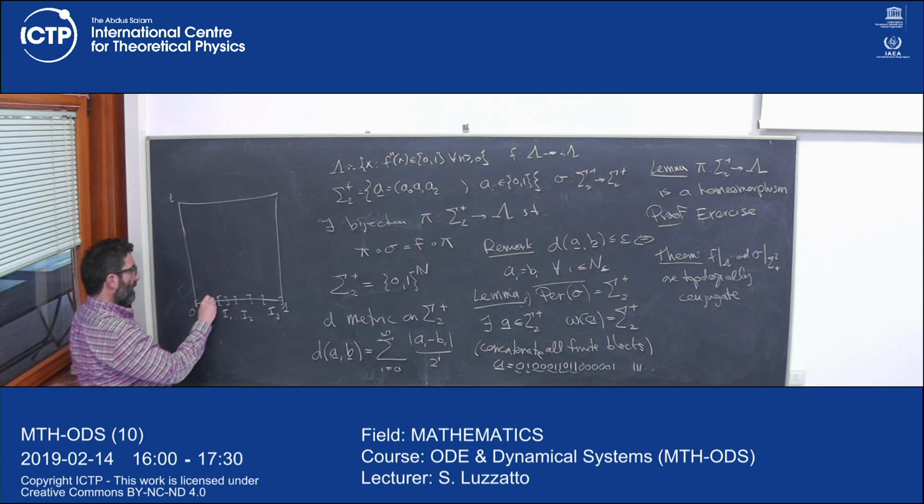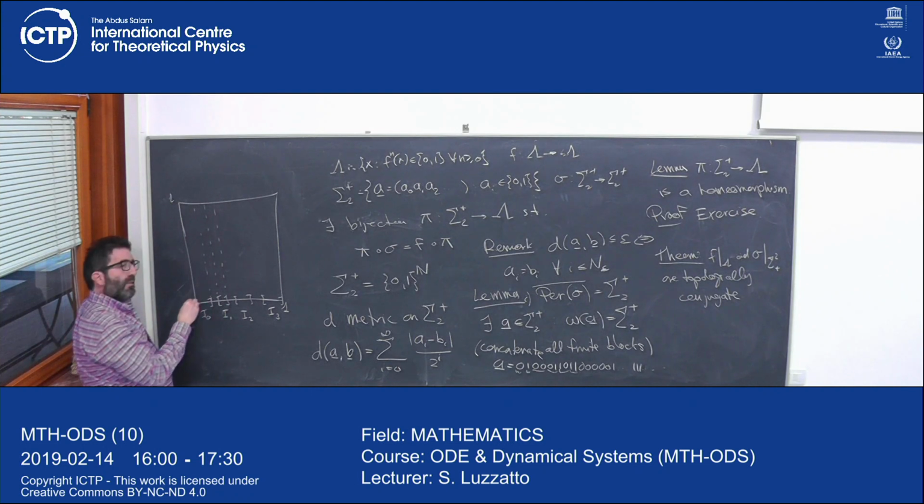And suppose that we know that the map from I0 to I1 is a diffeomorphism. Let's not make it affine, we just suppose that it is a diffeomorphism of some kind.